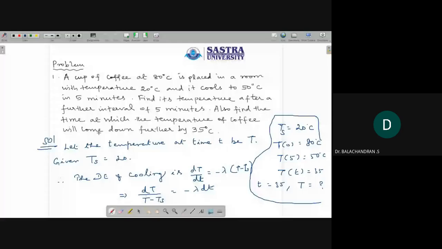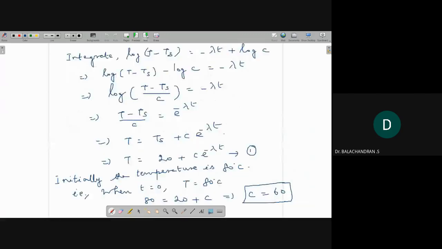Here it cools to 50 degrees Celsius, that is correct, so 80 to 50. And also find the time at which the temperature of coffee will come down further by 34 degrees. So if you take further by 35, I will take 15.